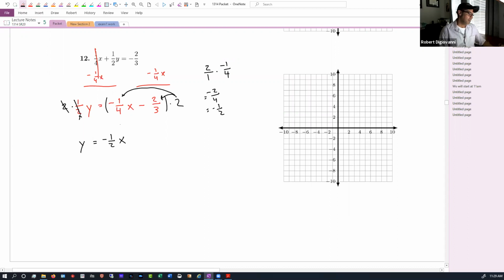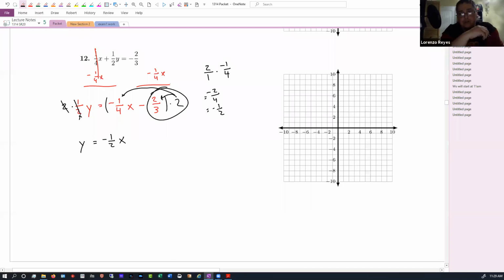And then does someone want to tell me what the next distribution would be? You multiply the negative 2/3 times 2? 2/1. I'm talking about this one right here. Oh, okay. Multiply that. Go straight across.